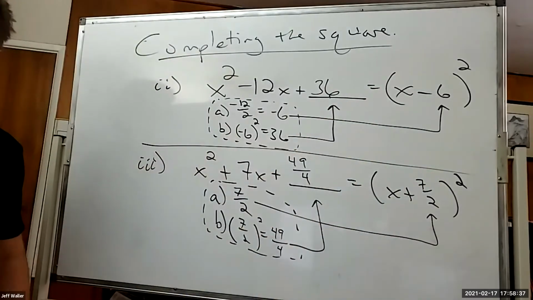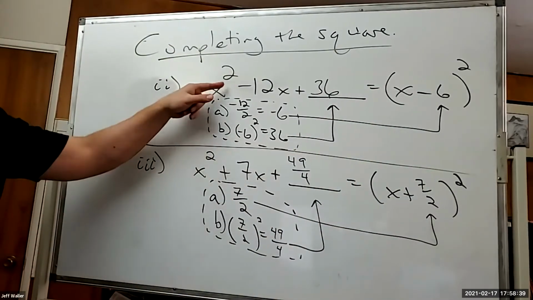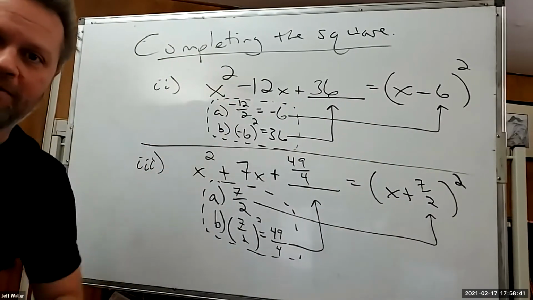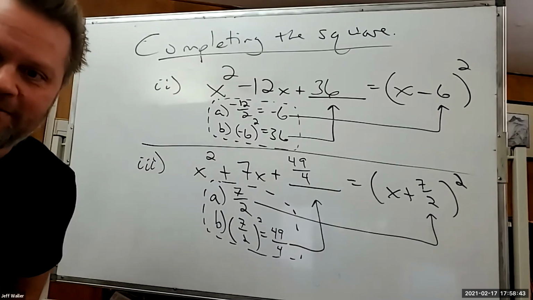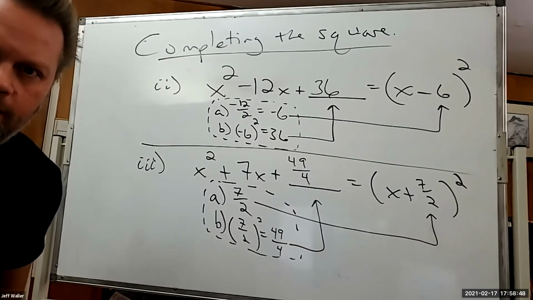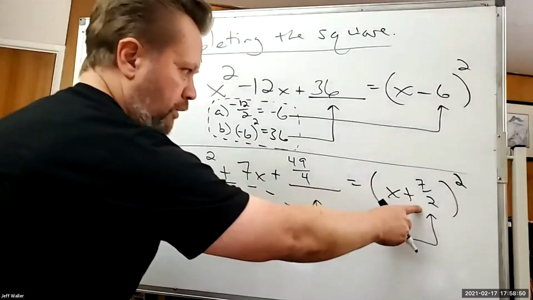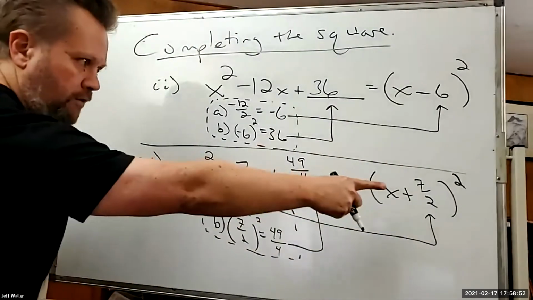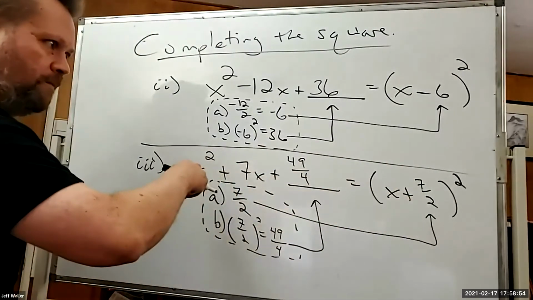Done. Was that really more difficult than this? No, it wasn't. And again, if you do multiply this out, you will get this. If you don't believe me, do it.